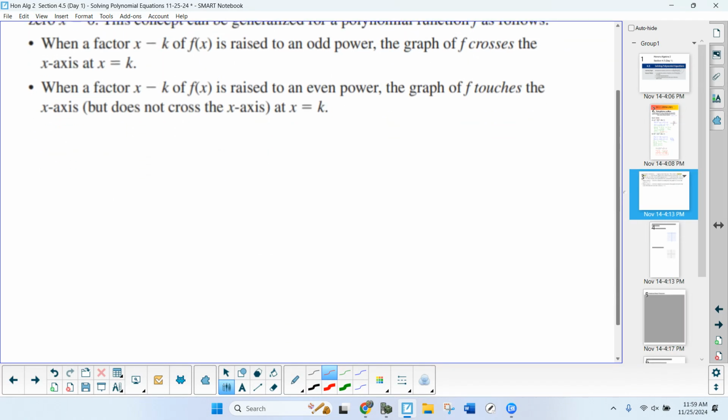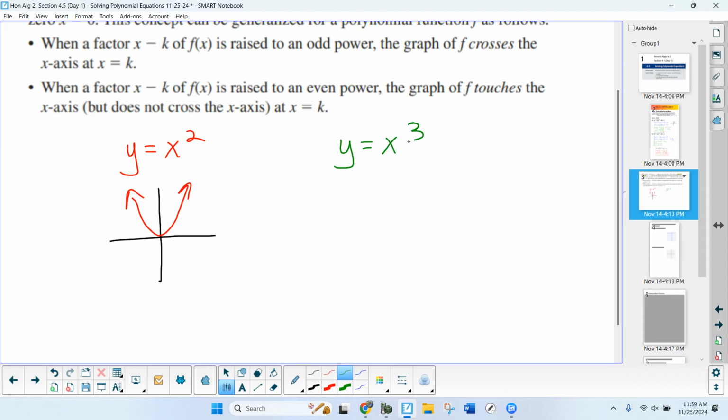One way I tell my students to remember this: if you graph y equals x squared, you know what that looks like. What's it do? It touches at 0, 0, and it goes back what? Up. If you were to let y be 0, x is 0. What about this one? What do you guys think y equals x to the third does? Do you guys know what that shape looks like?